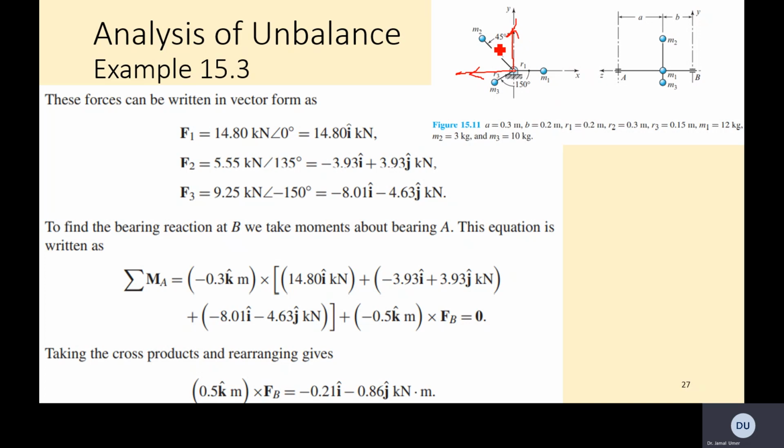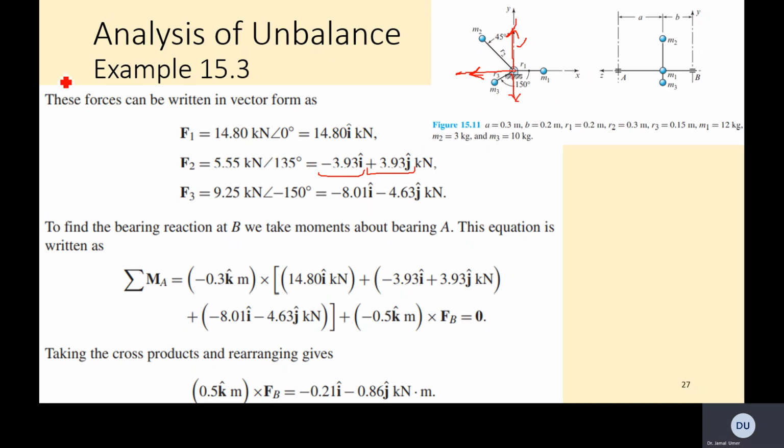So you see y is positive, so that's why we got this one positive, and x is negative, so that's why this one is negative. And the third one has one component in this direction and one component in this direction. So you see both are in the negative direction.